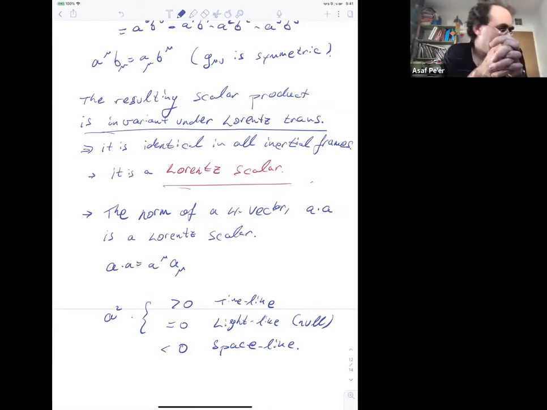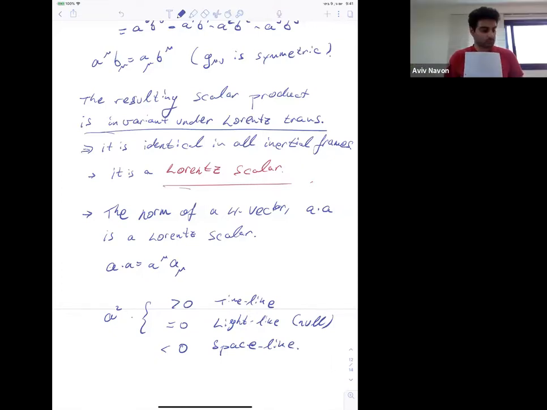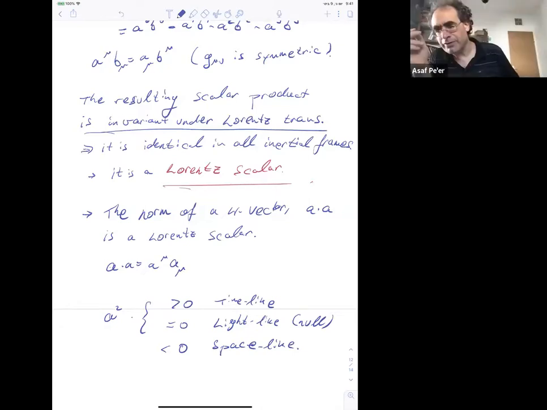I saw that in other places where they teach it, they don't go as deep, and I think they simply assume that people know that. I did not assume that you know that, because my experience tells me that students in the first year of studying special relativity do not see that, definitely not in that way. And again, you need to understand this notation because we're going to make a lot of use of it.